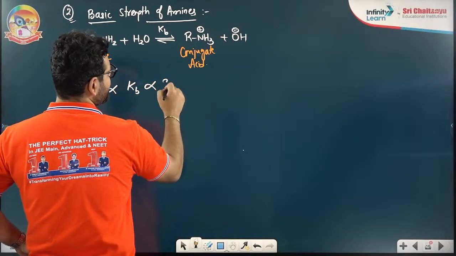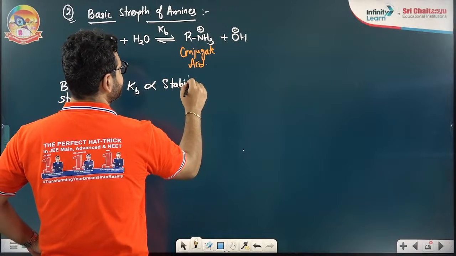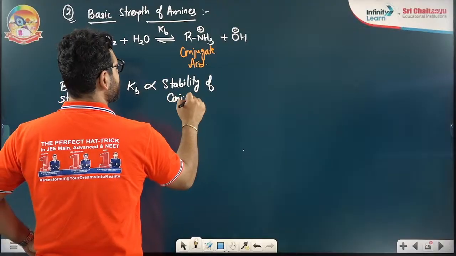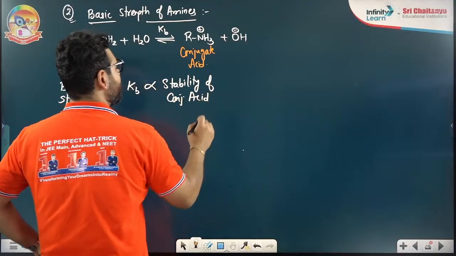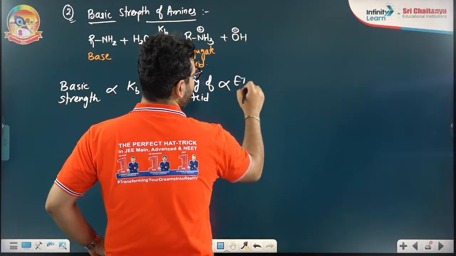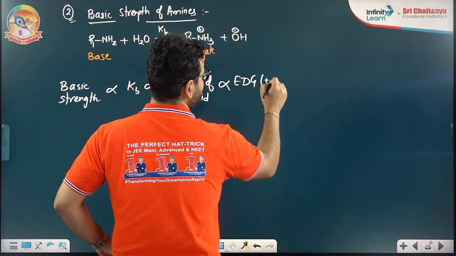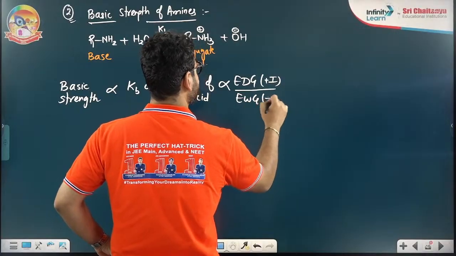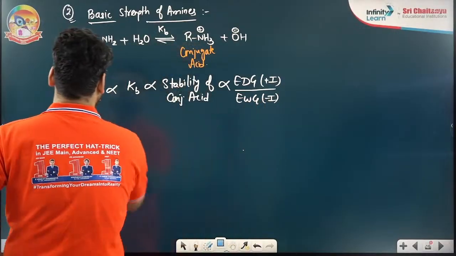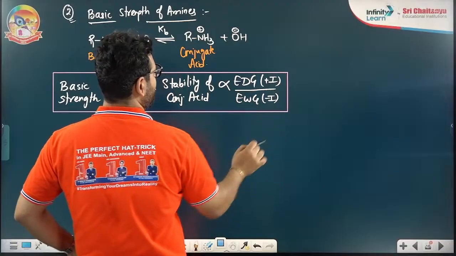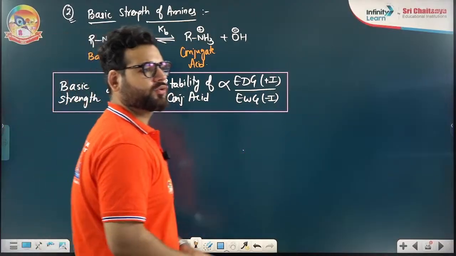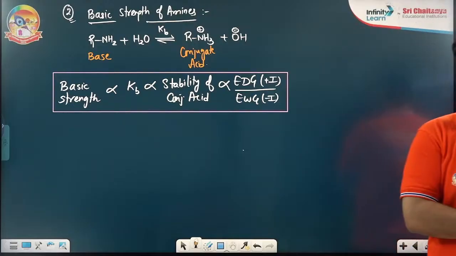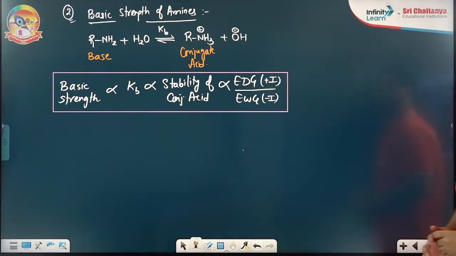Basic strength depends on stability of conjugate acid, directly proportional to stability of conjugate acid, which depends directly on electron donating groups, EDG, plus I groups, and inversely on electron withdrawing groups, minus I groups. So when you put more and more plus I, it will make the bases strong.